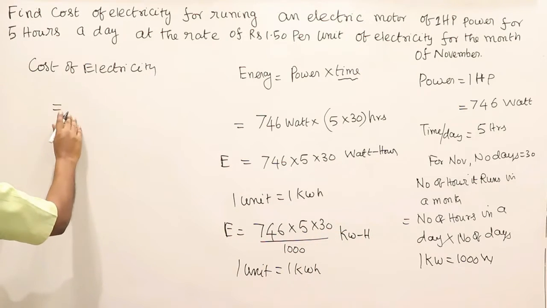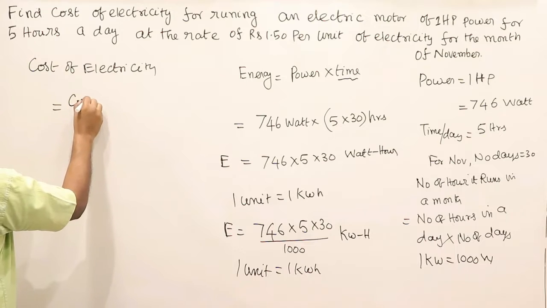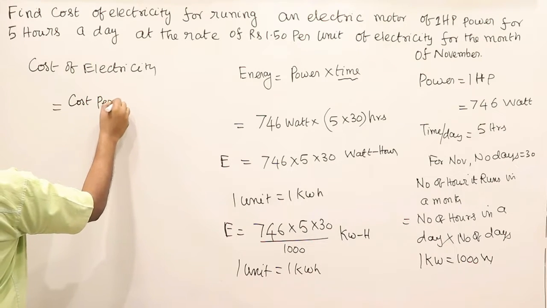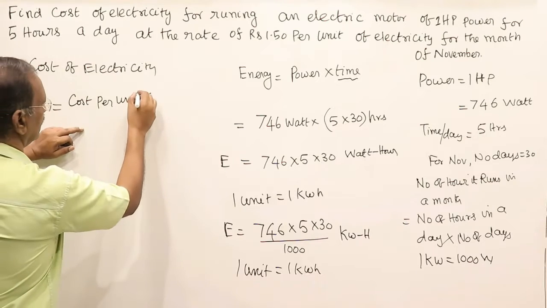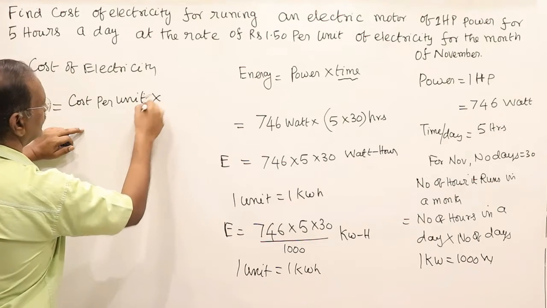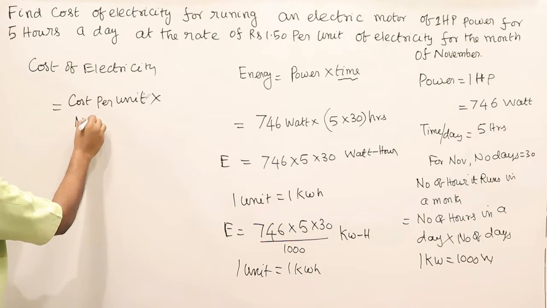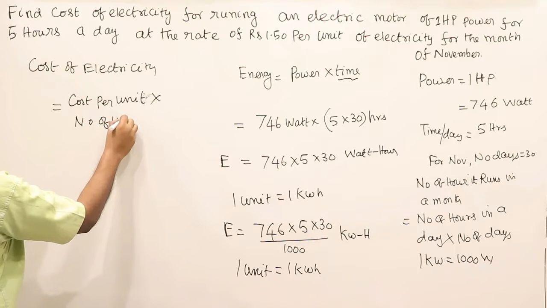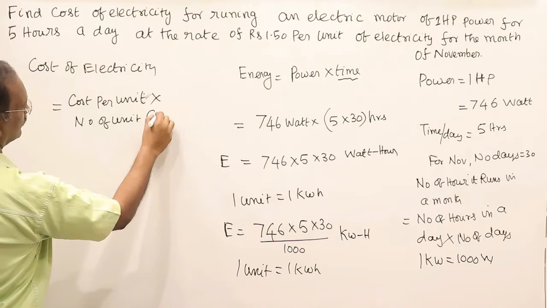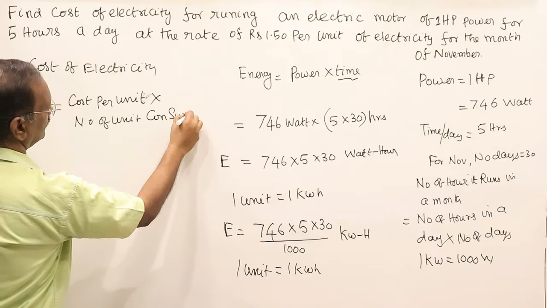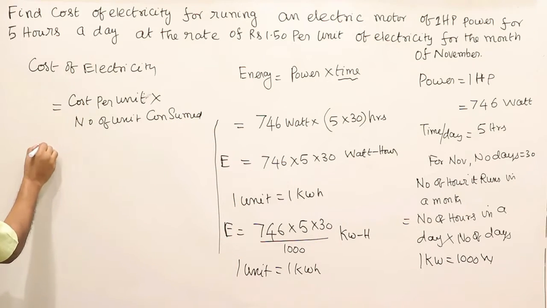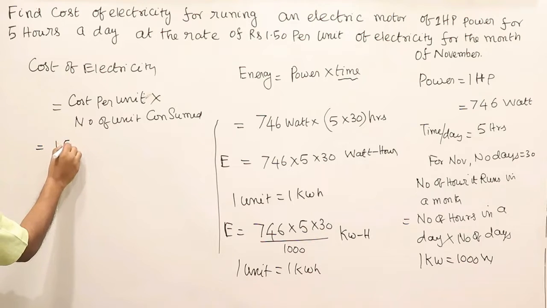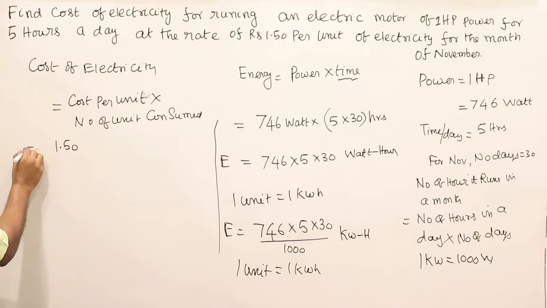Cost of electricity is equal to cost per unit multiplied by the number of units consumed. What is the cost per unit? It is 1 rupee 50 paisa.